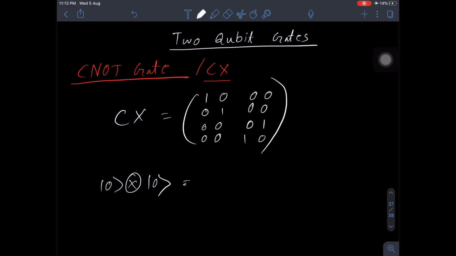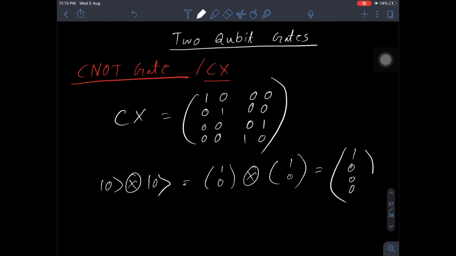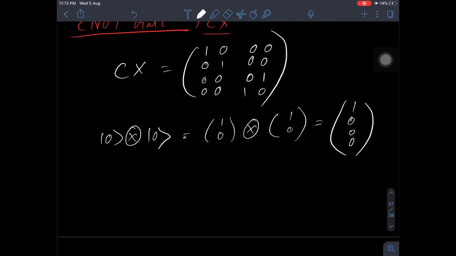If you calculate it explicitly, it will be (1 0) tensor (1 0), which is 1 and all 3 zeros, right? So if you act on |00> with CX, if you explicitly calculate it, it will just be |00>. Similarly, you just do a 4 by 4 matrix multiplication and then you'll see that.